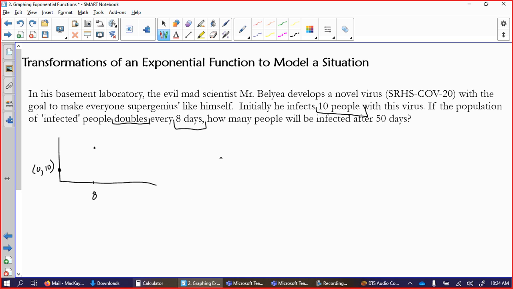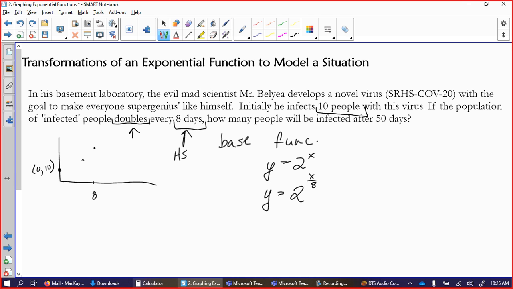You could keep doing this sort of thing, but that doubling tells us our base function is y equals 2 to the power of x. Every 8 days instead of every day. So there's our base. This is our horizontal stretch. So we would have y equals 2 to the x over 8, because it's doubling every 8 days.